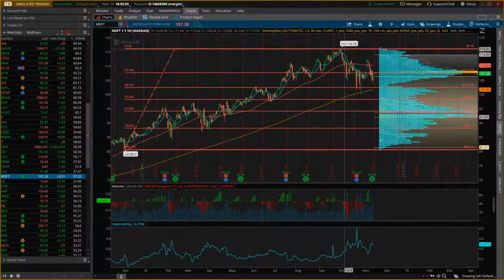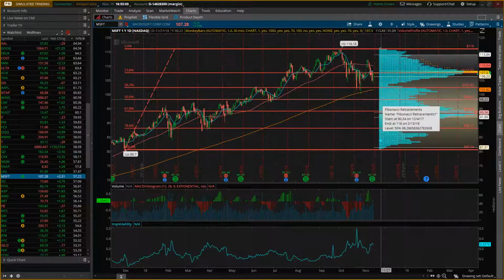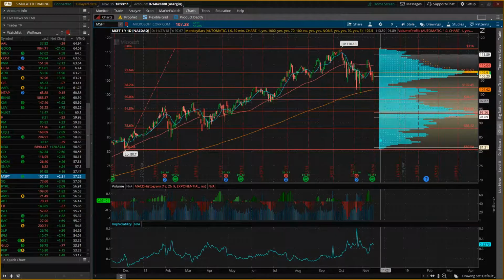If it came up and tested this one, then that may be where you short. You say, I'm getting in here, it's tested this, I think it's going to sell off. If it touches this 50 Fibonacci, that's where I'm going to get out. Stick with those same rules that have gotten you to where you are.